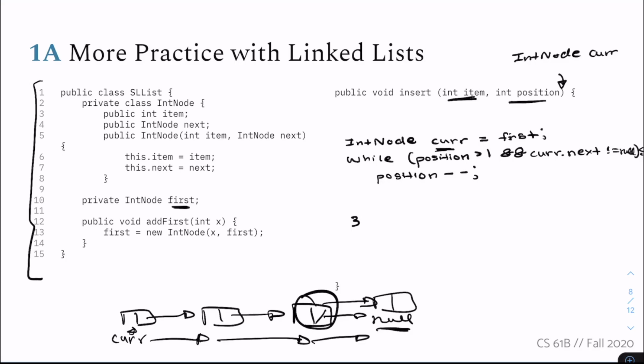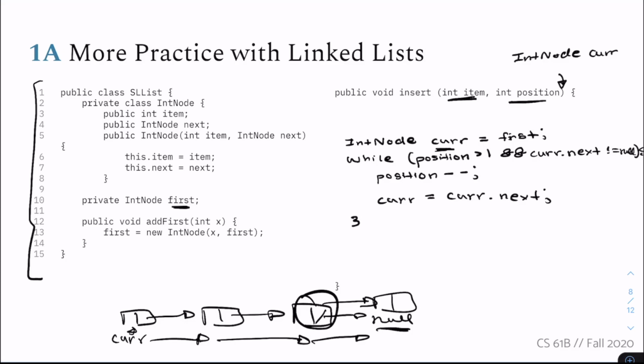They're all the same. So we have that. And of course, we want to iterate our current node down by 1, cur = cur.next. Okay, great. So we have that logic inside.